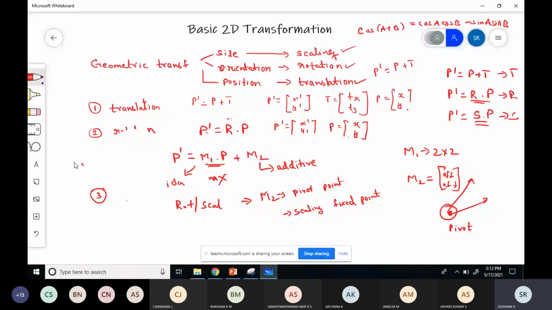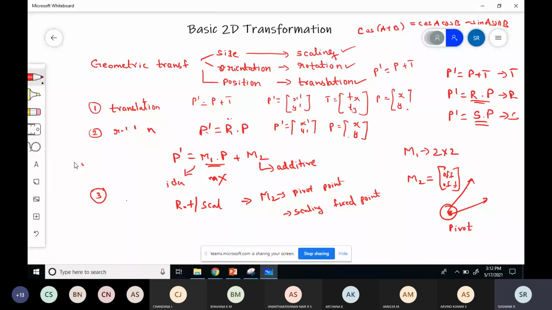One more thing: in this equation, P dash is equal to M1 into P, it was doing some scaling operation, after the rotating operation, after that translation.